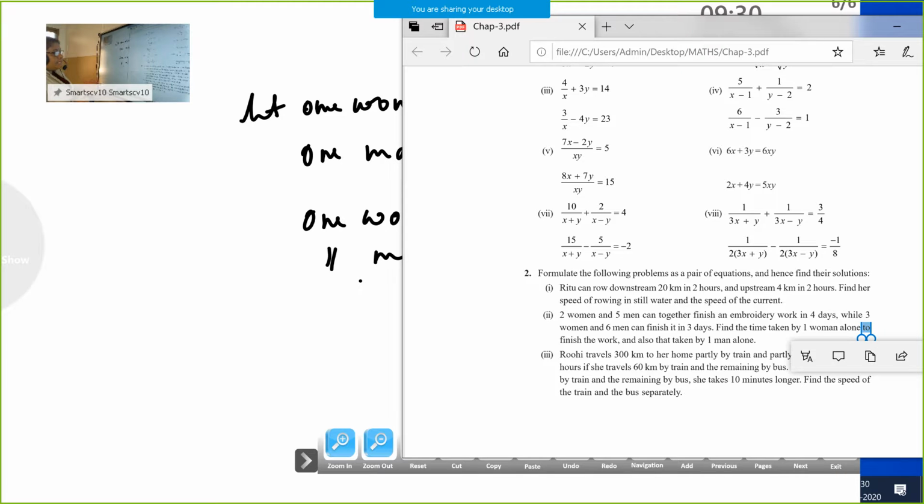And one man's 1 day work is 1 by y, so 5 men's is 5 by y. They finish the embroidery work in 4 days, so the 1 day work for 2 women and 5 men is 1 by 4 of the day.